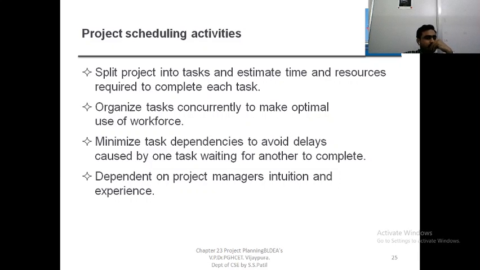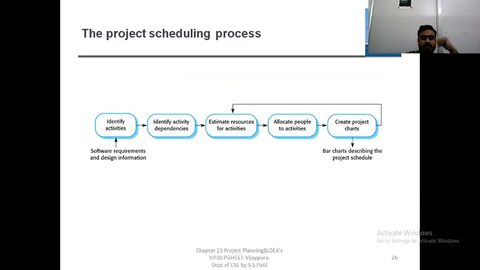Activities. When you split the project into a number of tasks, estimate the time and resources required for each task. Sometimes, if you do not finish task A, you cannot start task B. So organize the tasks concurrently to make optimal use of the workforce, and minimize task dependencies to avoid the delays caused by one task waiting for another to complete. Depending on the project manager's experience, you have to think about the scheduling aspect.